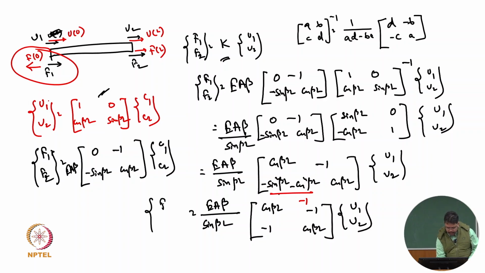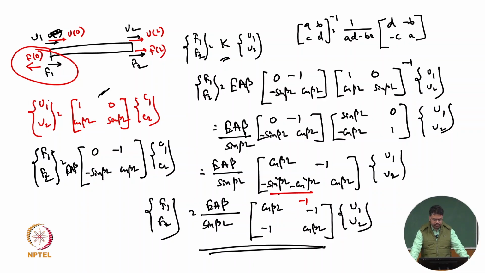So that is my stiffness matrix: EA beta L divided by sin beta L, times cos beta L, minus 1, minus 1, cos beta L, into u1 u2. Okay. Now, so what is frequency dependent? Beta.